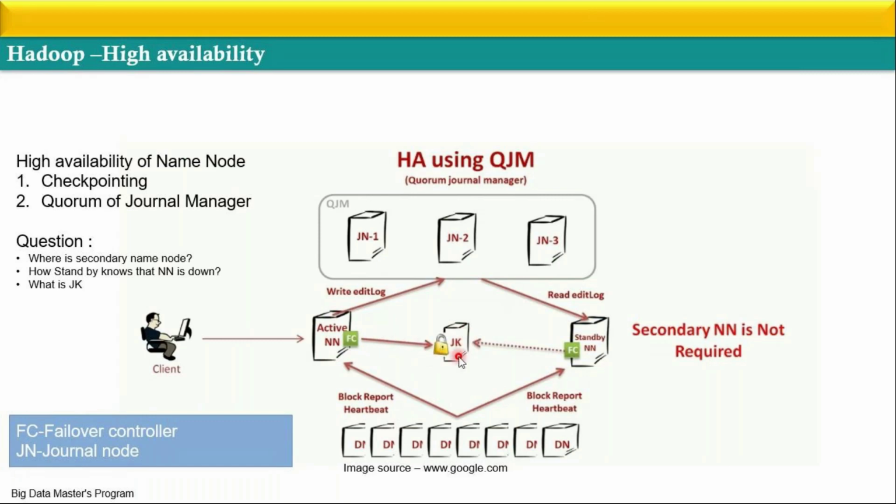Once zookeeper sees that the connection from the active name node is down, it is going to inform the standby node that you need to serve the cluster. It has direct access to the quorum of journal manager instead of a single file or two files. It has the entire information.